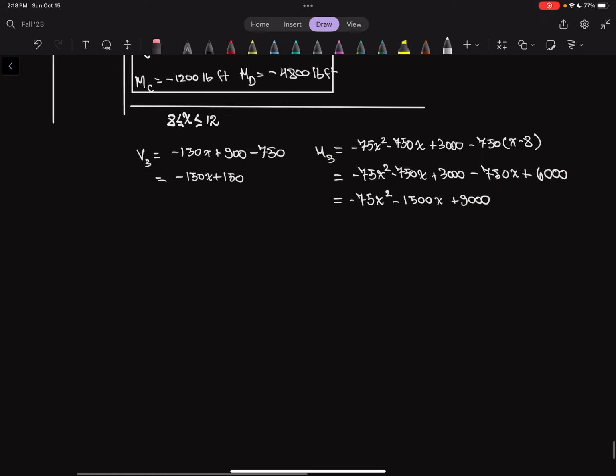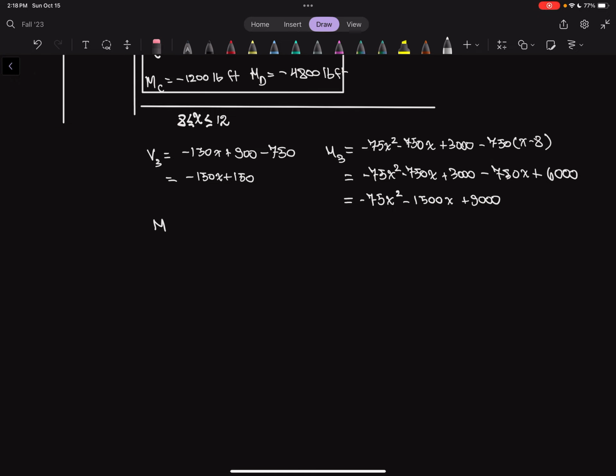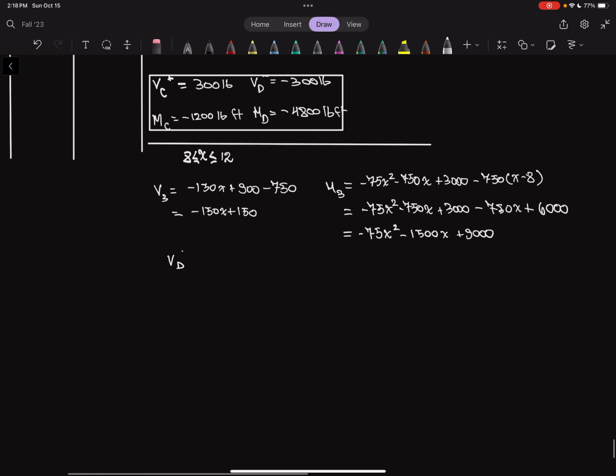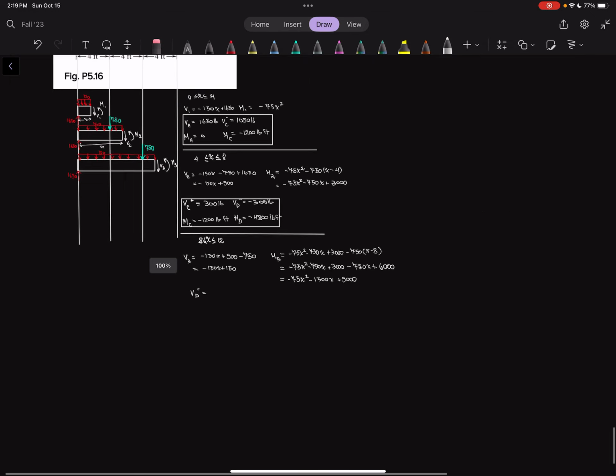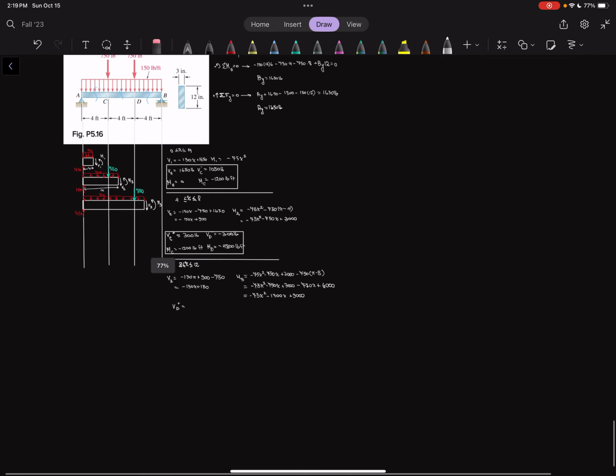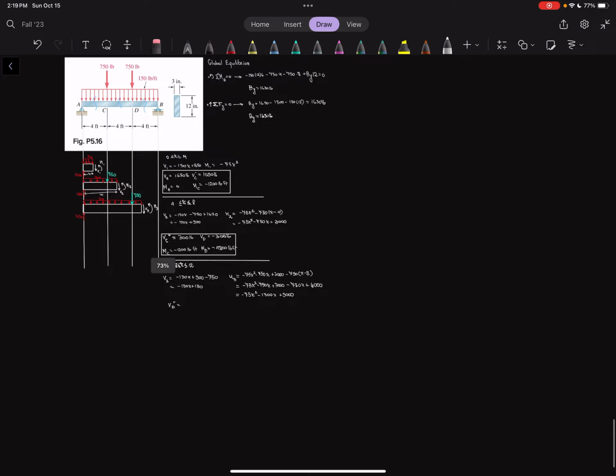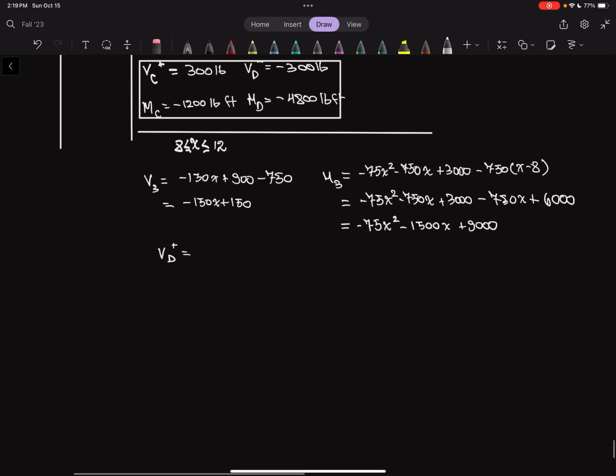Okay, and now we want to say M sub D. Well, let's do the V first. V sub D from the right. That's going to be minus 150 times 8 plus 150, which is minus 1050 pounds.